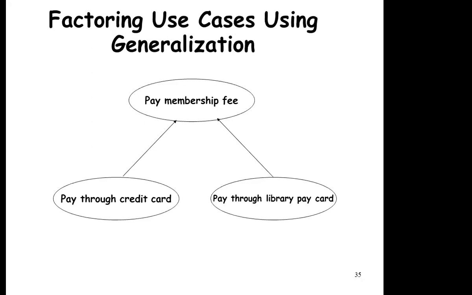Another is paying through, for example, the library pay card. A third may be paying through cash also. This is not shown in the diagram, but it can happen. So what they are doing is paying the library fee. So the generalization is there. This is the concept of generalization.